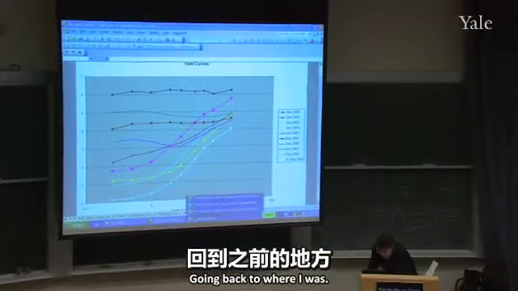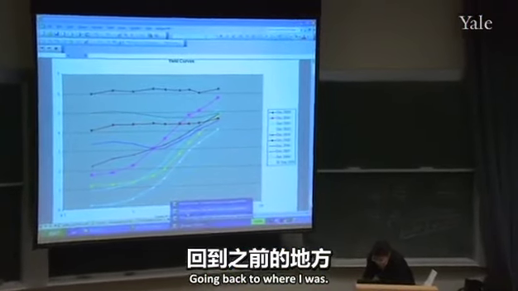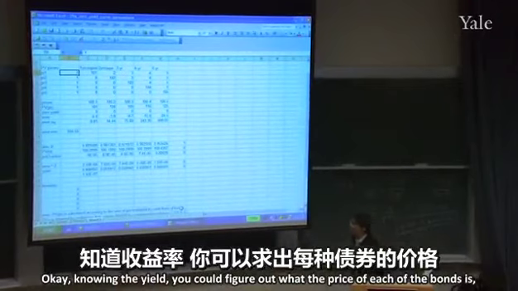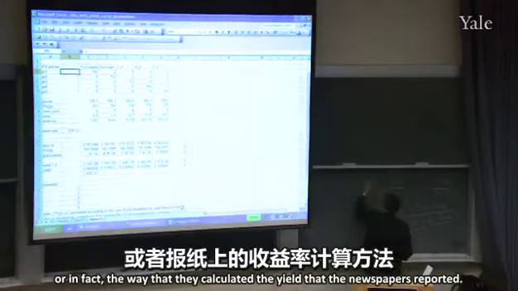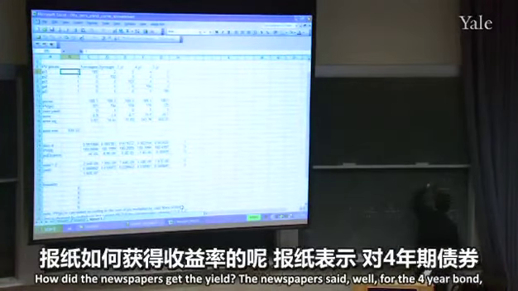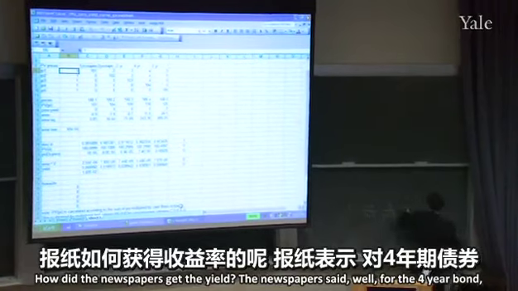If, knowing the yield, you could figure out what the price of each of the bonds is, or in fact the way that they calculated the yield that the newspapers reported. How did the newspapers get the yield?